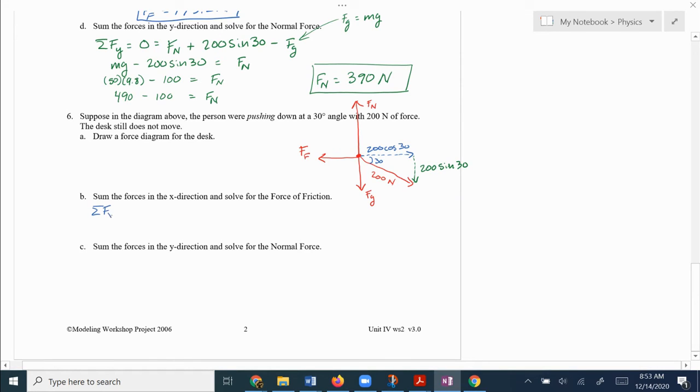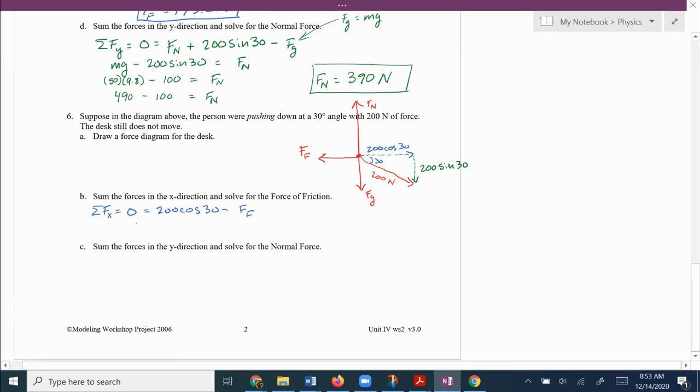Sum of forces in the x direction, the desk still does not move, so that means our net force is equal to 0. Forces to the right minus forces to the left. Force of friction is equal to 200 cosine 30. So force of friction is still equal to 173.2 newtons.